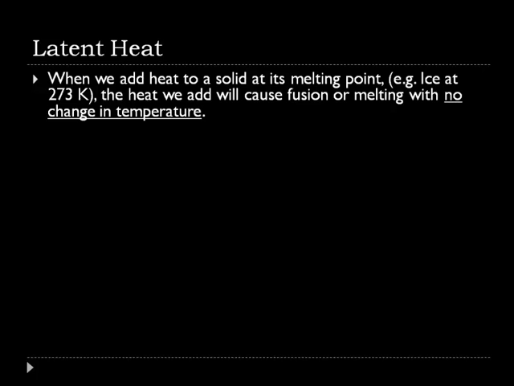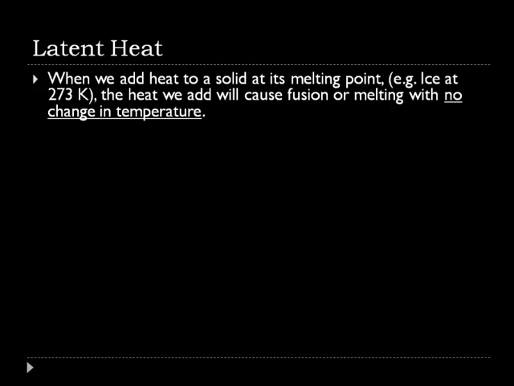Alright, so latent heat. When we add heat to a solid at its melting point, so if we have ice at 273 Kelvin or 0 Celsius, the heat that we add will cause fusion or melting, but there will be no change in temperature. So we're adding heat to this ice, and what we end up with is water at the same temperature.